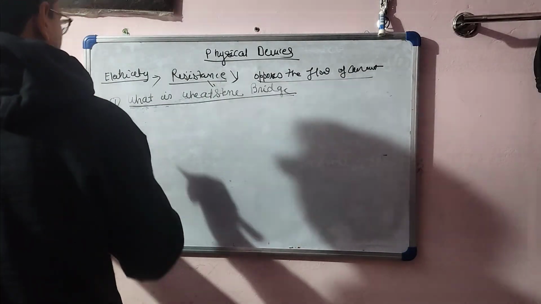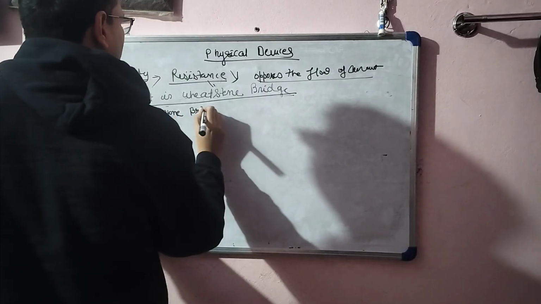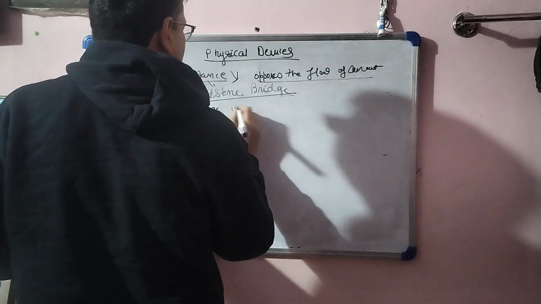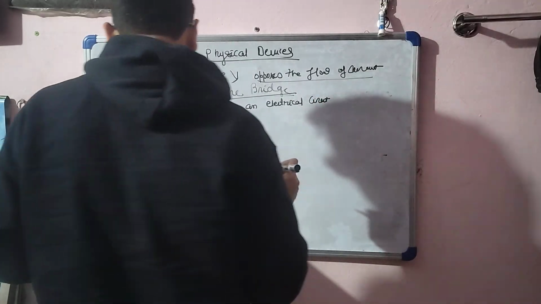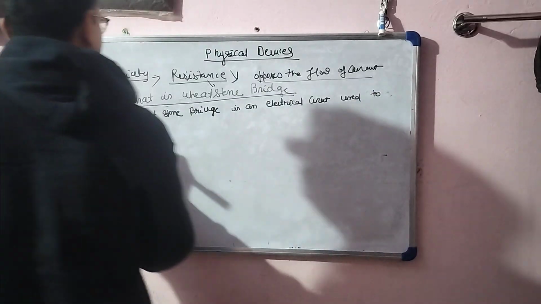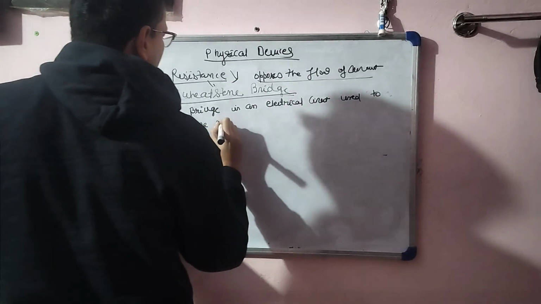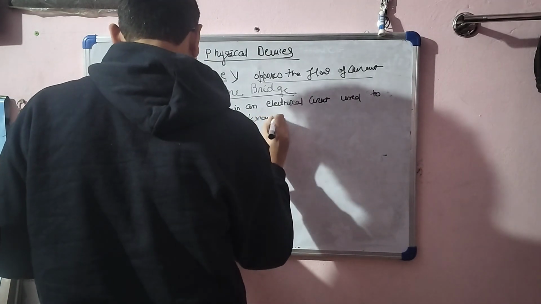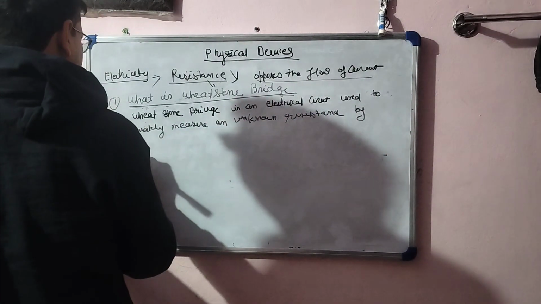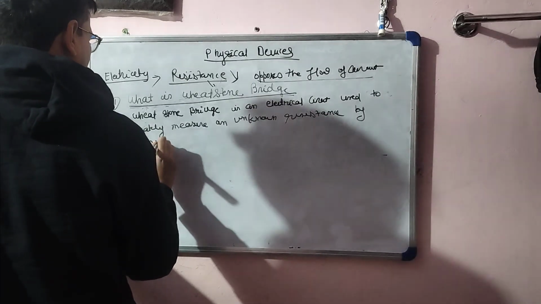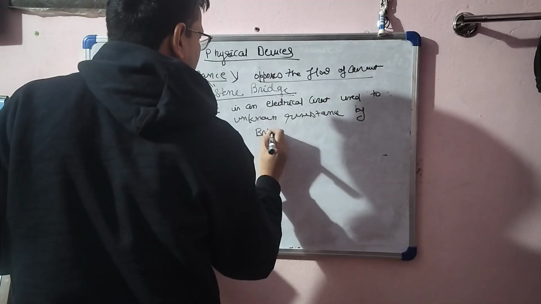A Wheatstone Bridge is an electrical circuit used to accurately measure an unknown resistance by balancing two legs of a bridge circuit.